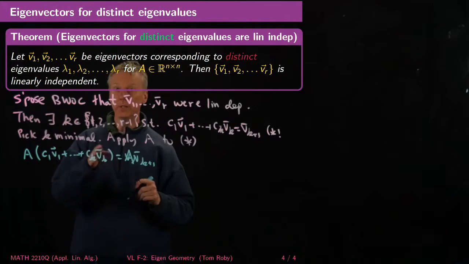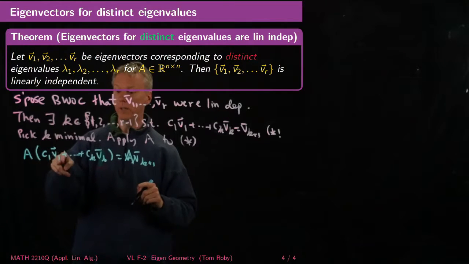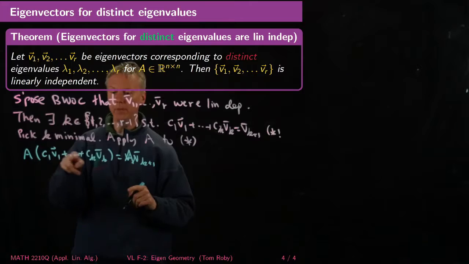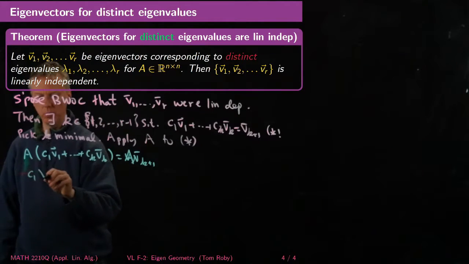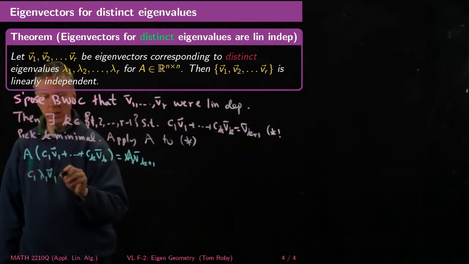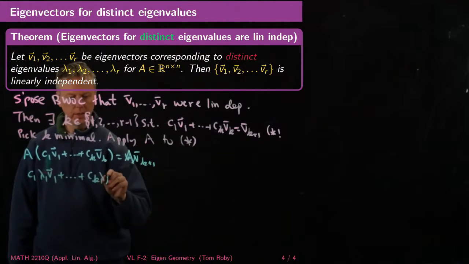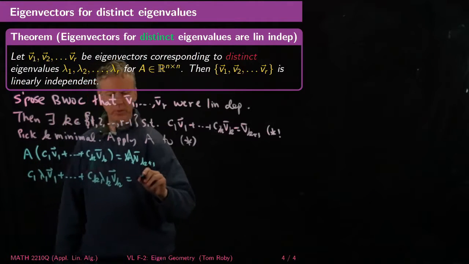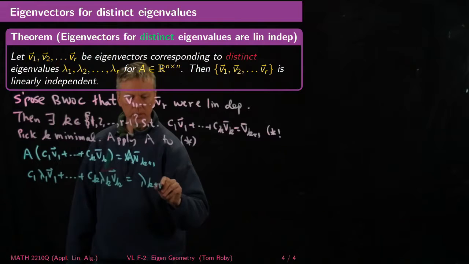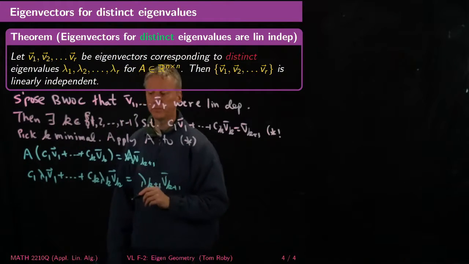Well, A applied to things, as we said before, distributes, and then A times v1 is going to be lambda 1 v1, and A times vk is going to be lambda k vk. And so this will all boil down to c1 lambda 1 v1 plus ... plus ck lambda k vk. That has to be equal to lambda (k+1) v(k+1). Okay?